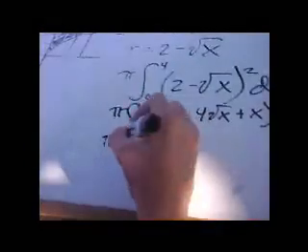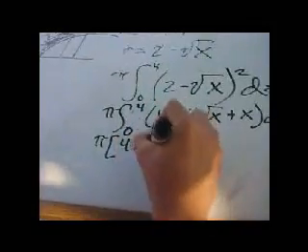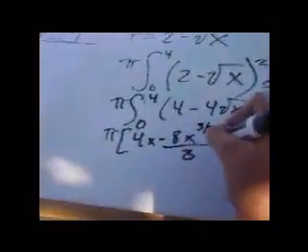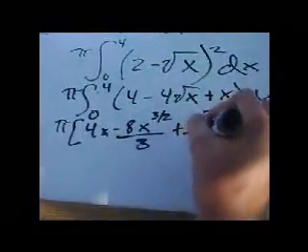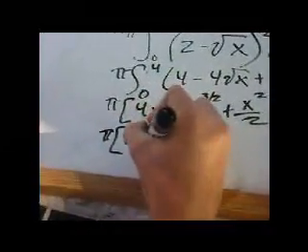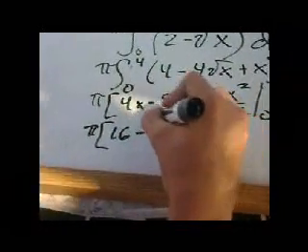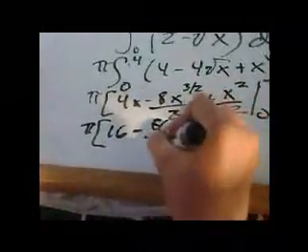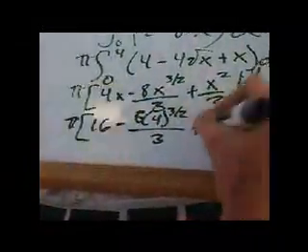Take the integral then, you'll get 4x minus 8x to the 3 over 2 over 3 plus x squared over 2 from 0 to 4. And then after that, you just plug it in, you'll get 16 minus 8 times 4 to the 3 over 2 over 3 plus 4 squared over 2.